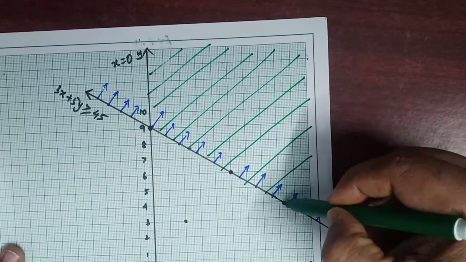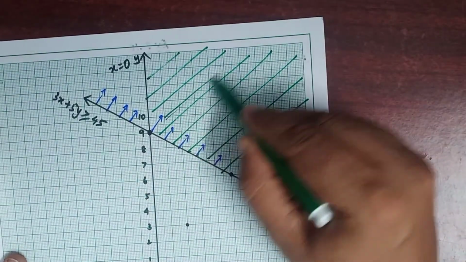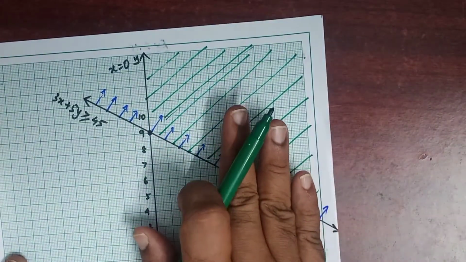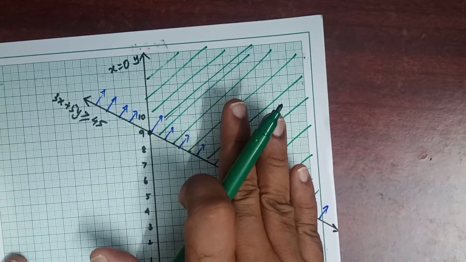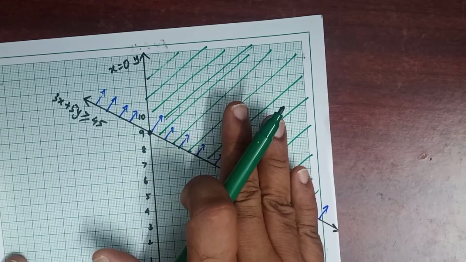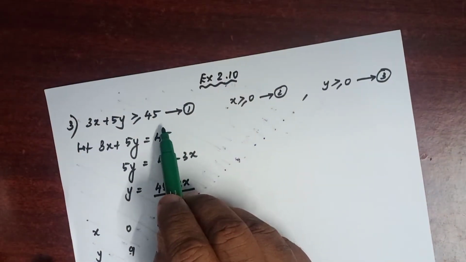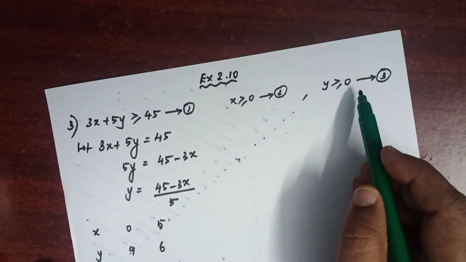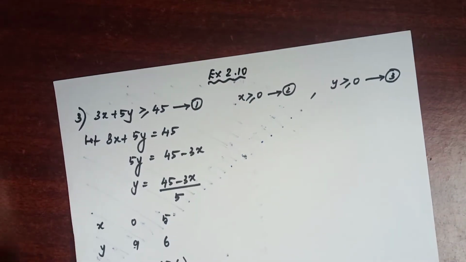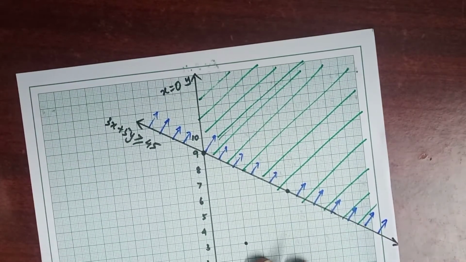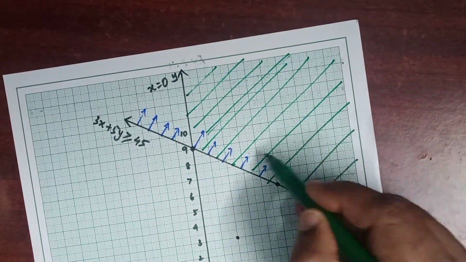We can verify now. This shaded region will satisfy all the three inequalities. What are the three inequalities here? Number 1, number 2 and number 3. For verifying whether the shaded region is correct or wrong, I take one point over here.